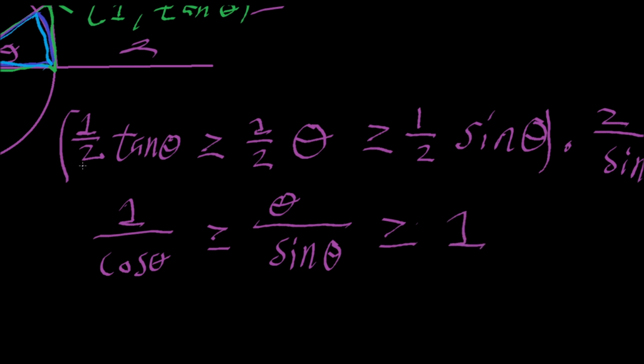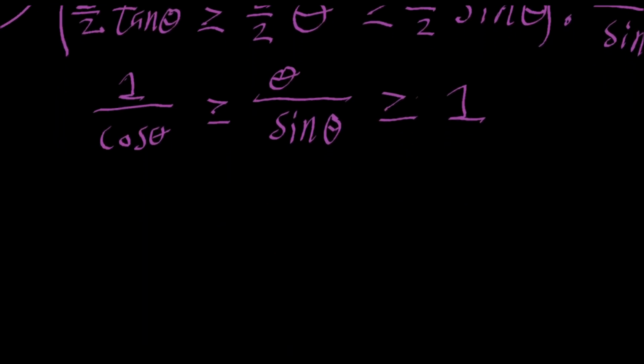And by the way, for this first inequality, I need the greater or equal to, because when theta is 0, then all of these are 0, so they can be equal to each other. It's not a strict inequality.